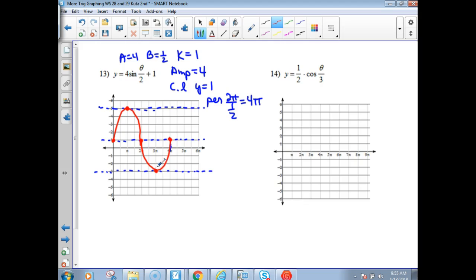So these would be the points you need labeled: 0, 1; pi, 5; 2 pi, 1; 3 pi, negative 3; and 4 pi, 1. And then you could extend your graph.